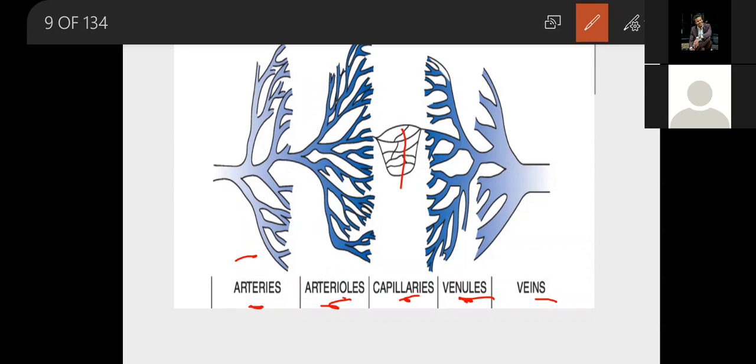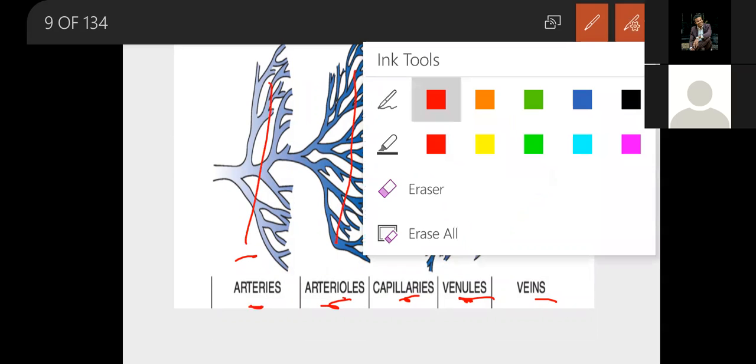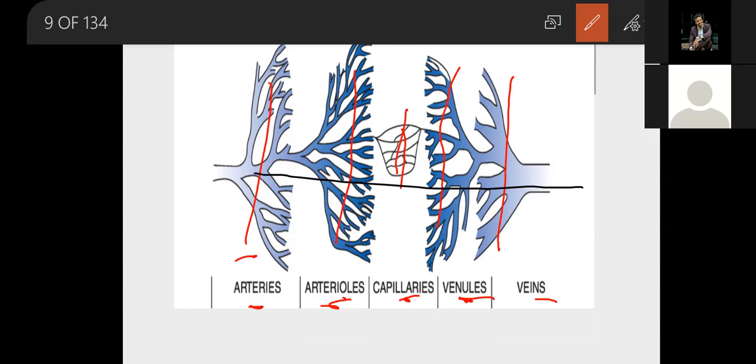They are continuous, and with the capillaries is in series, and with the veins and venules is in series. But the venules together, they are arranged in parallel. So the resistance between the veins themselves, venules, capillaries, arterioles, and arteries, it's in parallel. But between each category and the other, it's in series.